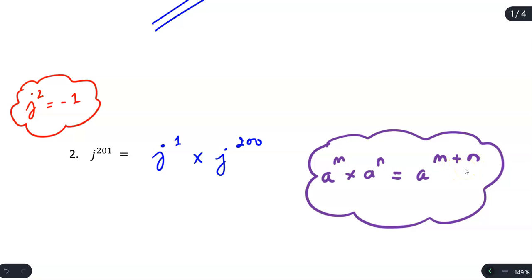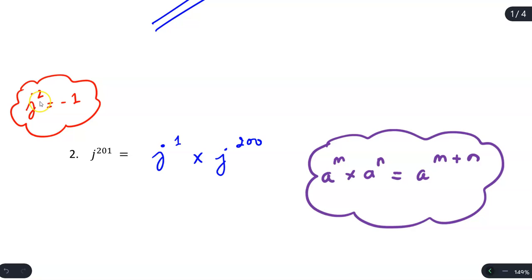So what I did was I broke this into two powers, j to the exponent 1 and j to the exponent 200. 1 plus 200 would be 201.